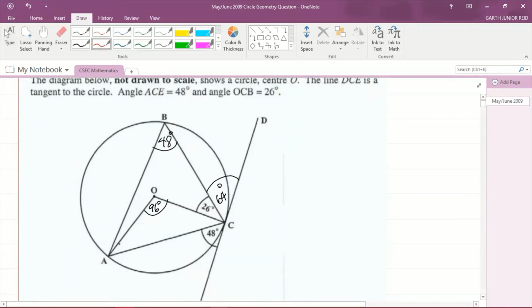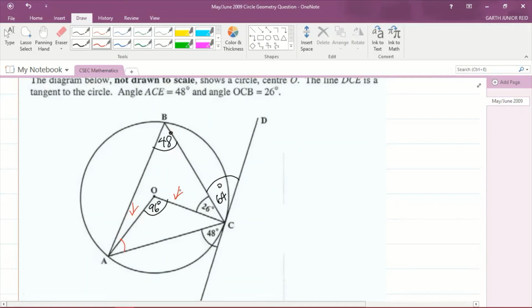They're talking about this angle here in red. Now, how would you calculate that angle? Well, I know that this line here, which is OA, and this line here, which is OC, both of those lengths must be equal because OA and OC are 2 radii.